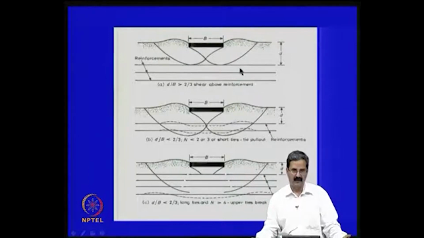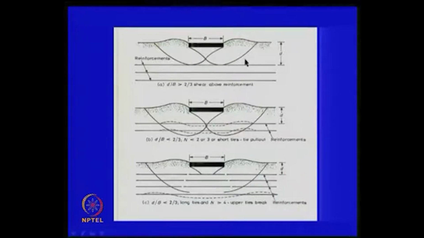We have to see that the failure surfaces that we have are intersected, otherwise there is no use. If there is a lot of distance between the bottom of the foundation and the top of the reinforcing element here, then there is no use. So, you would like to avoid the possibility that the shear above the reinforcement will occur.